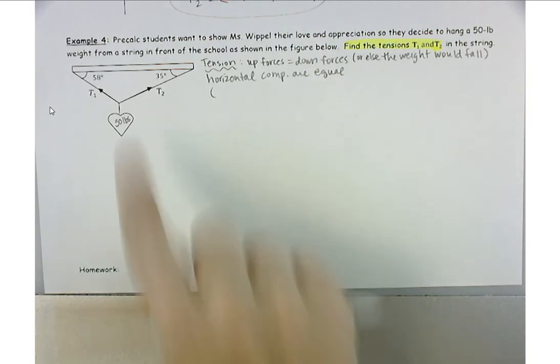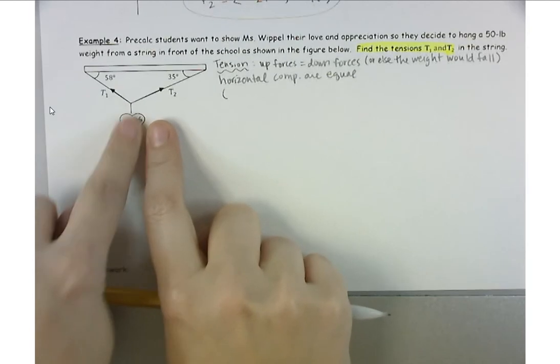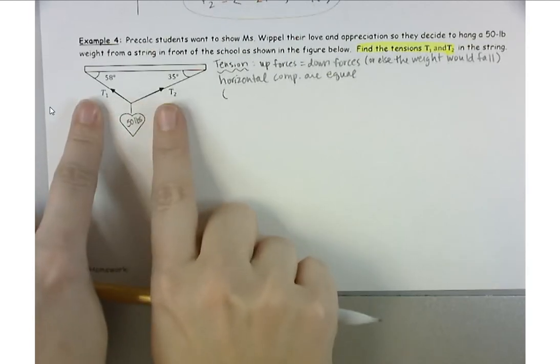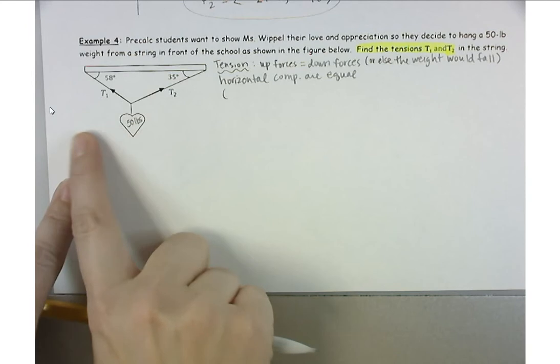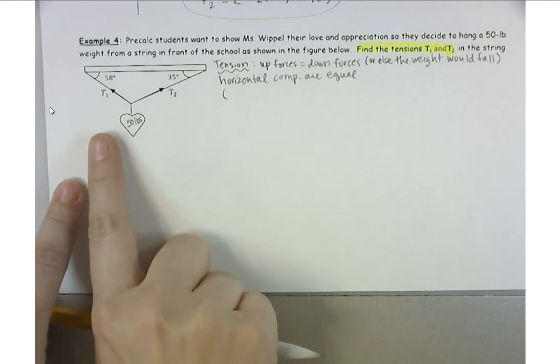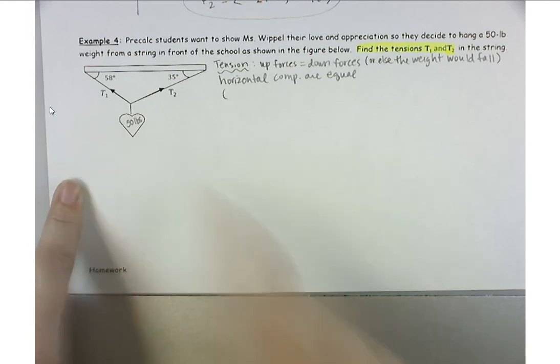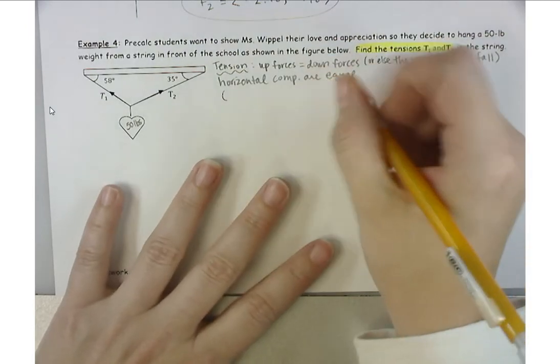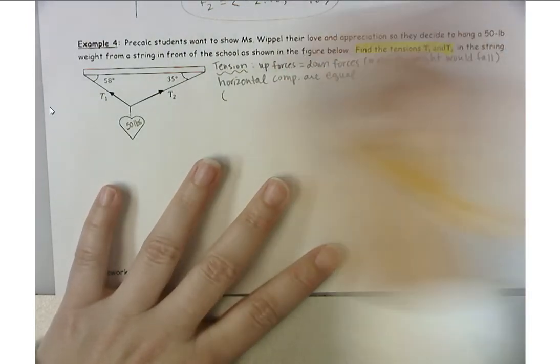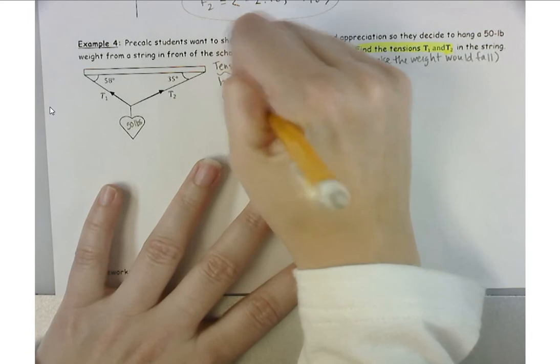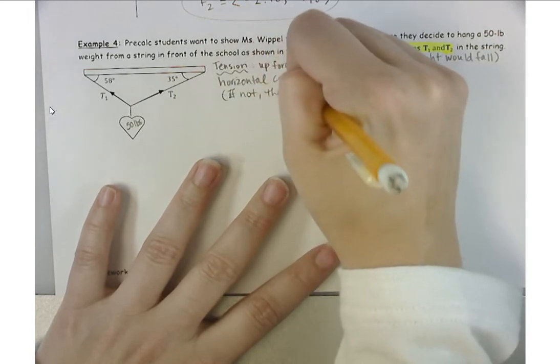So if T sub 1 was pulling more than T sub 2, this weight would start moving in that direction. Okay? And obviously we don't see that. So if not, there would be motion.